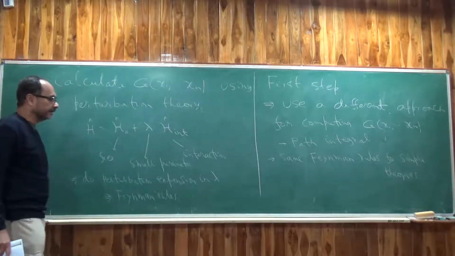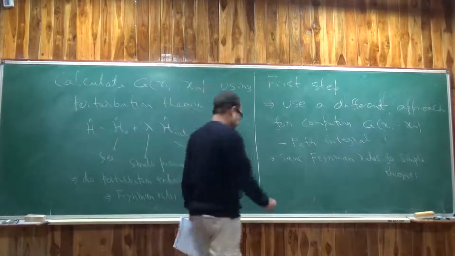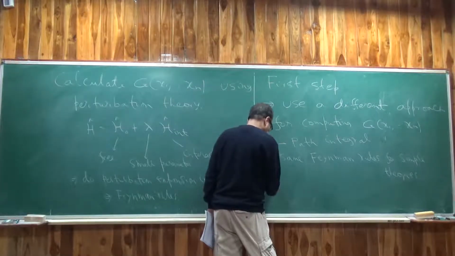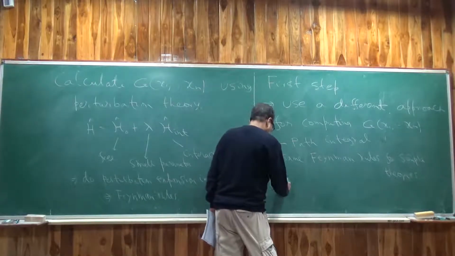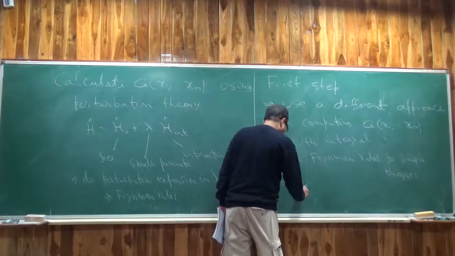Okay, using path integral, the first advantage is that it gives a manifestly Lorentz covariant formulation.